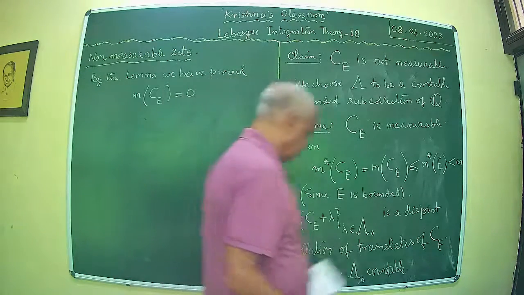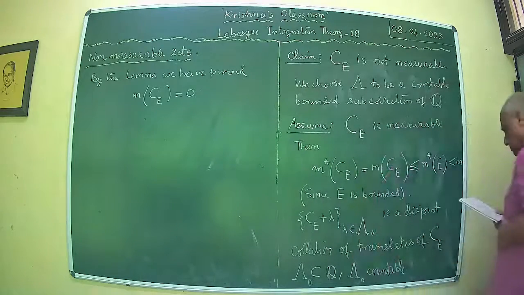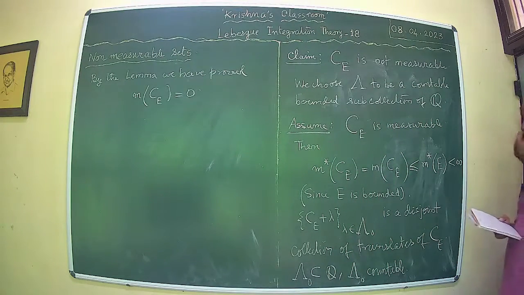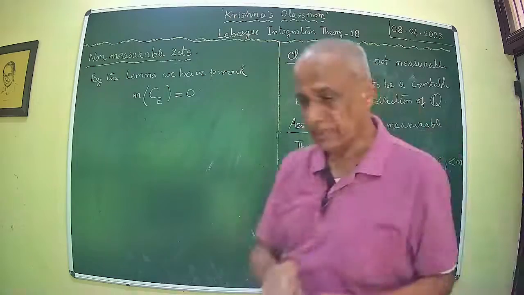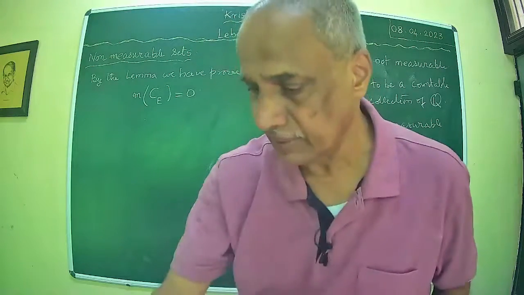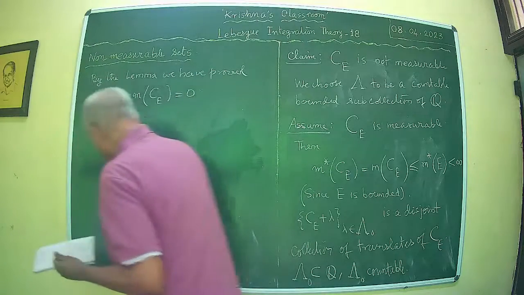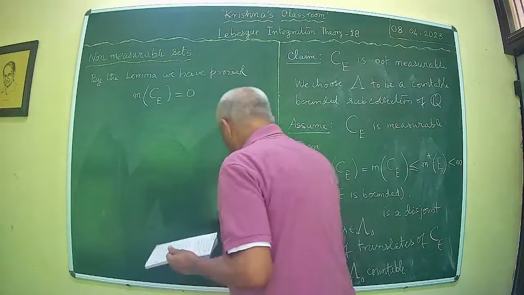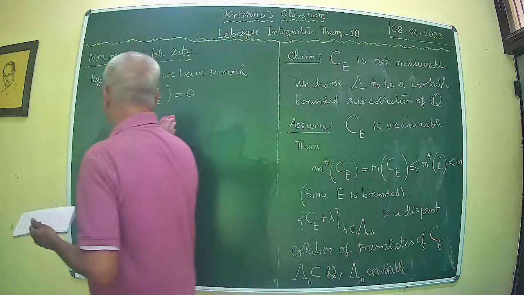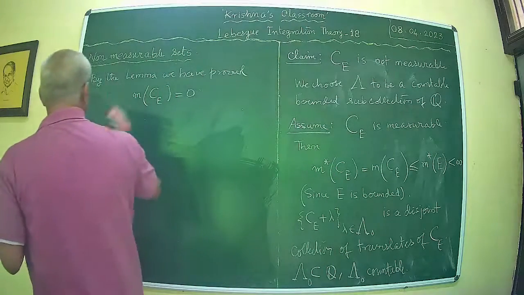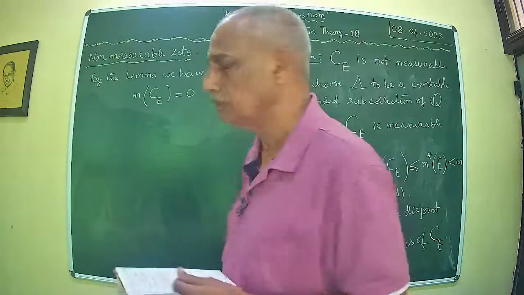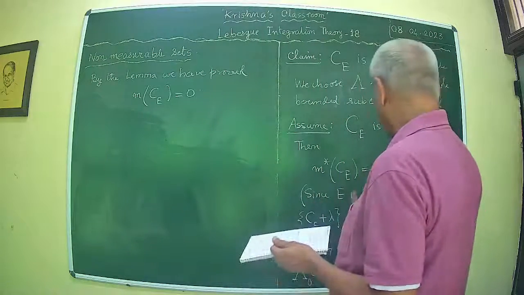Now, we want to arrive at a contradiction. So how do we see? Now we contradict this. So this we know is stemming out of this particular property.